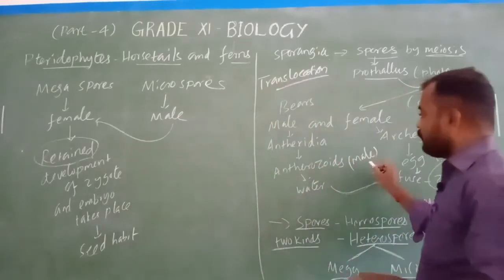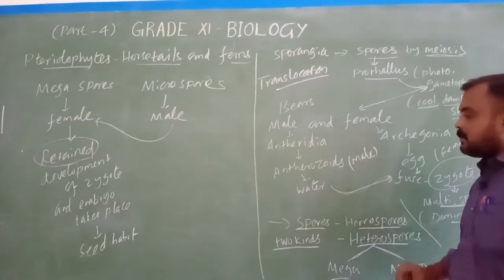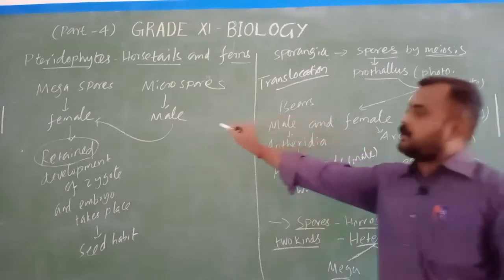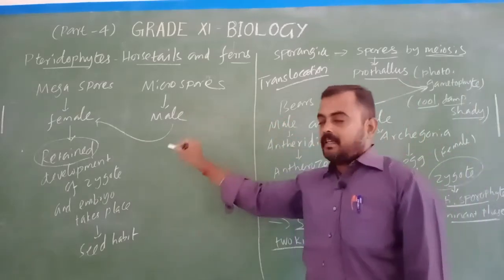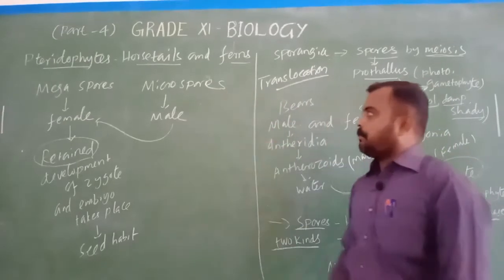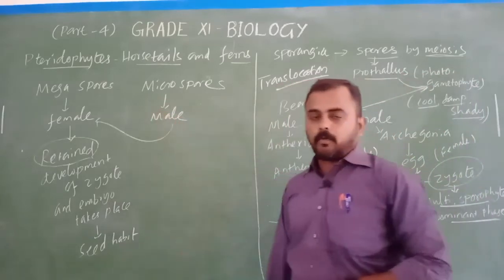Here I said antheridia produce anthrozoids, and those anthrozoids fuse with the egg. Here it is the same, but the male one is the small one, microspore, and the female one is megaspore.